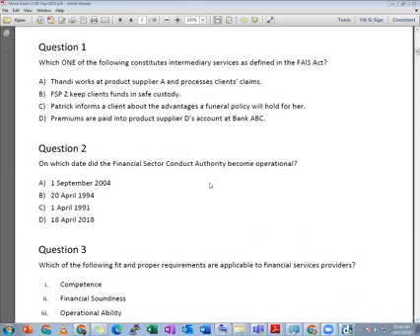Which one of the following constitutes intermediary services as defined under the FAIS Act? If you have joined the class, you would know that we have the difference between advice, intermediary services, and execution of sales.